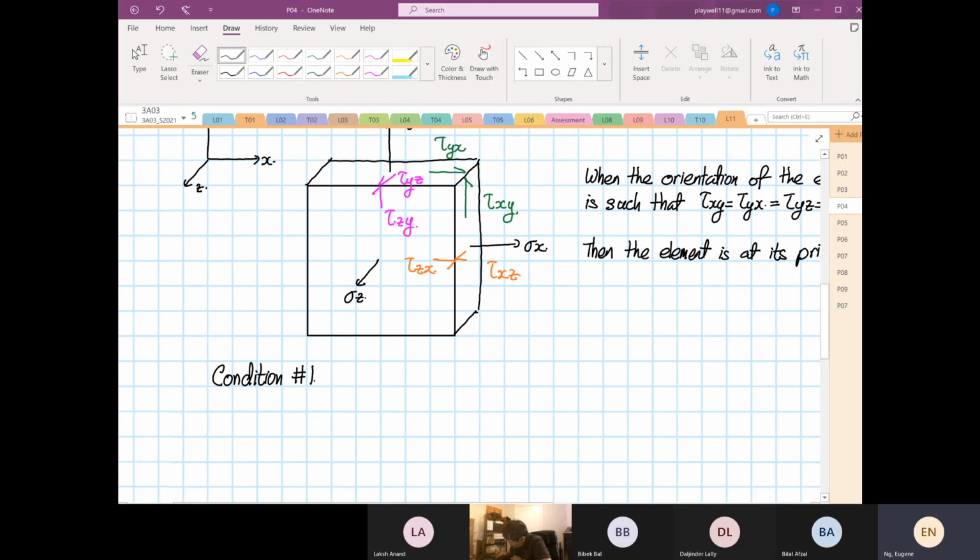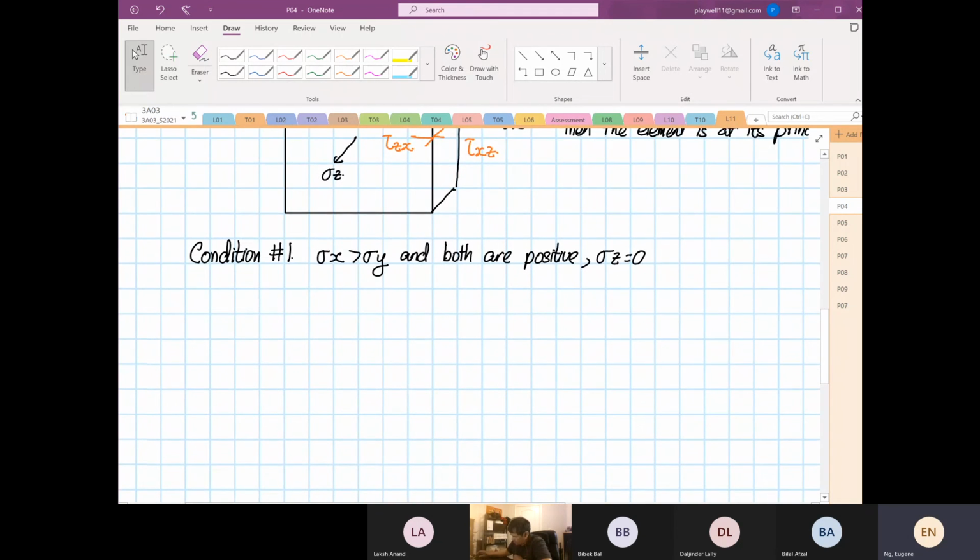So condition number 1 is such that stress X is greater than stress Y, and both are positive, and stress Z is equal to 0. So let me draw the element.